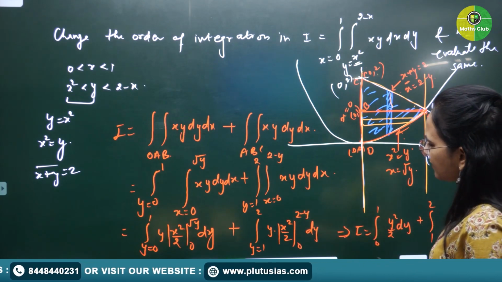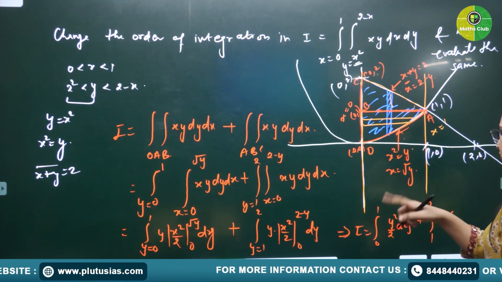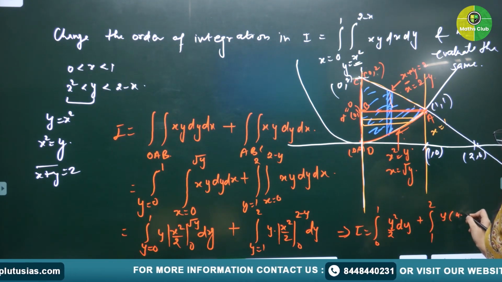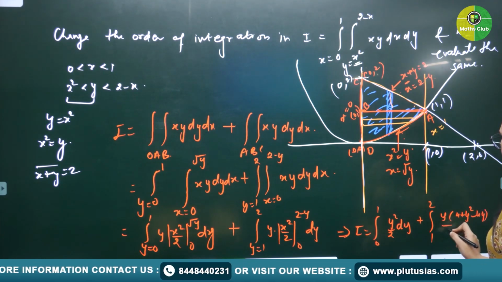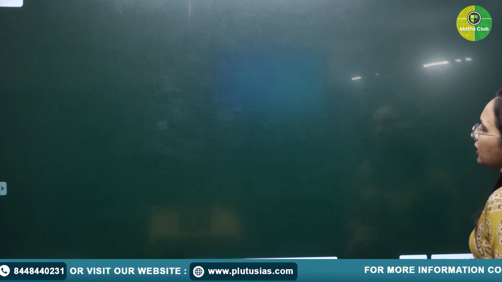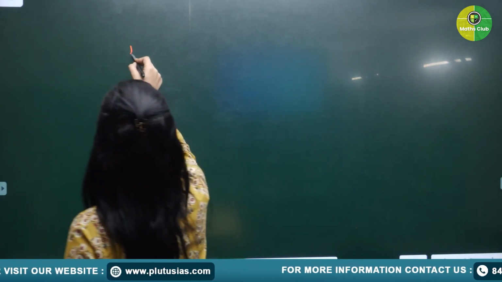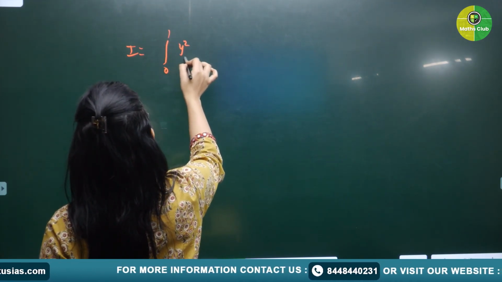If I put x square equal to (2 minus y) whole square, that would be 4 plus y square minus 4y divided by 2, and this is multiplied by y. Let me write on the next page. It becomes I is equal to the integral from 0 to 1 of y square by 2 dy.